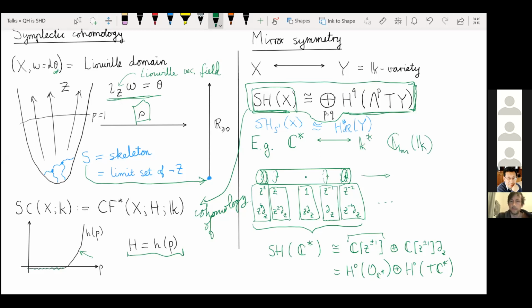So SH of X with these K coefficients up here: the coefficient ring with respect to which you take symplectic cohomology should match the coefficient, the base ring, of Y. Okay.